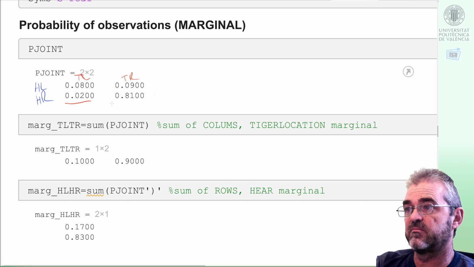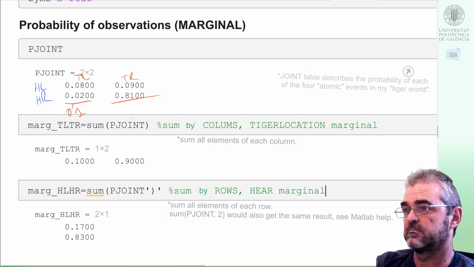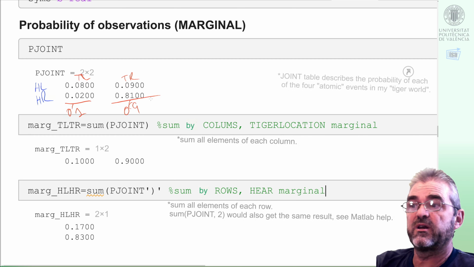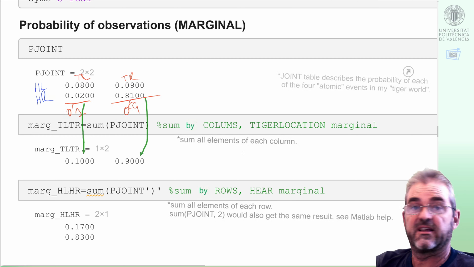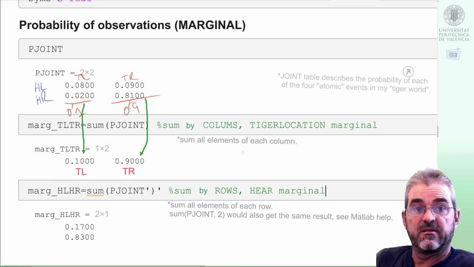Then if I sum the columns, I get 0.1 and 0.9. That's what the sum command does in MATLAB, summing the columns of a matrix. So we recovered the 90% probability of the tiger being right we were discussing a minute ago.